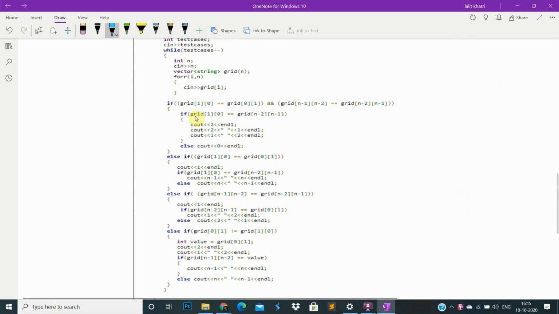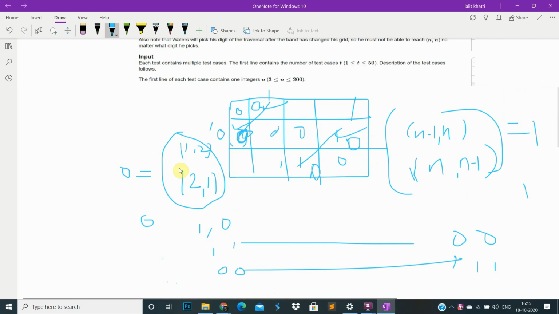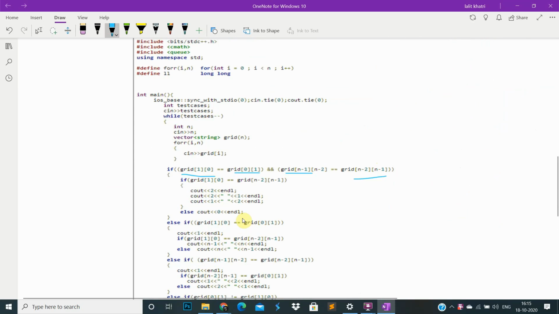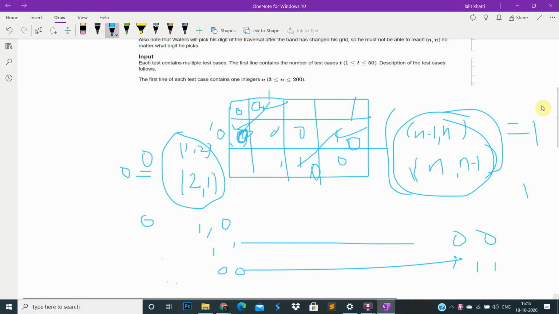This code is quite large. Like if we have a grid of 0 1 and 1 0, if both are same and the last two are also same, so we have to change them. Say these are both 0 and the other two are also 0, and they are same.